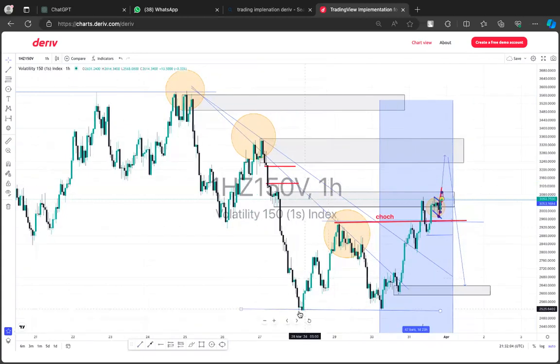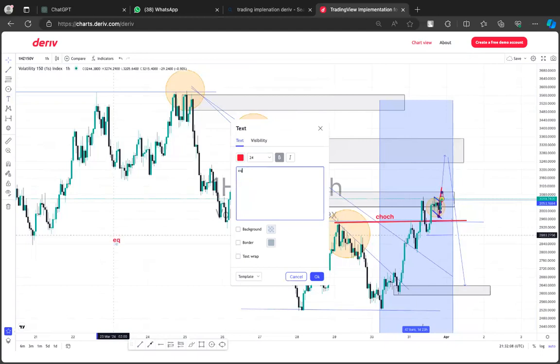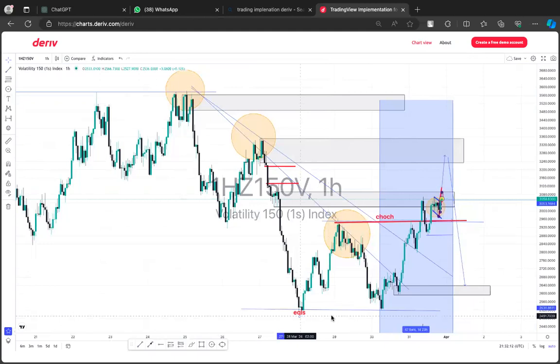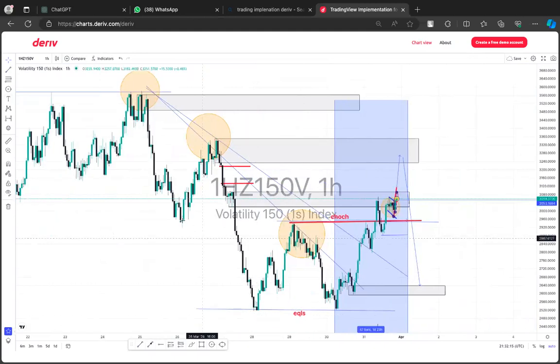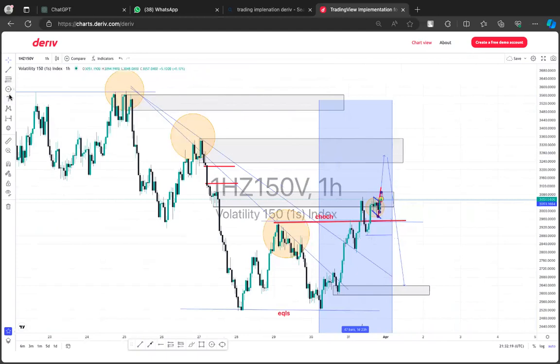They have equal lows here. EQL means equal lows, which means the price of the market will come like this.